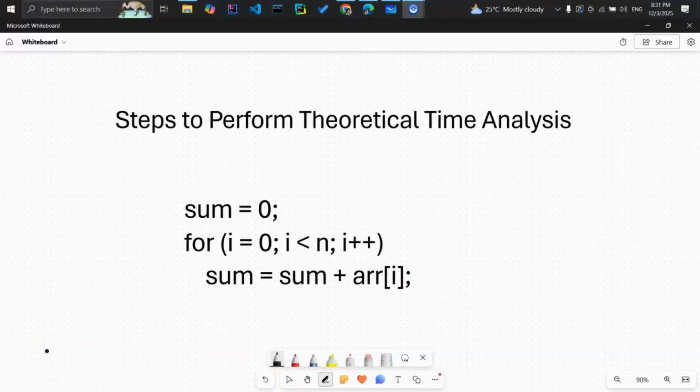The second step is to count how many times each operation runs. Look at loops and recursion. If it is a single loop, it should run n times.